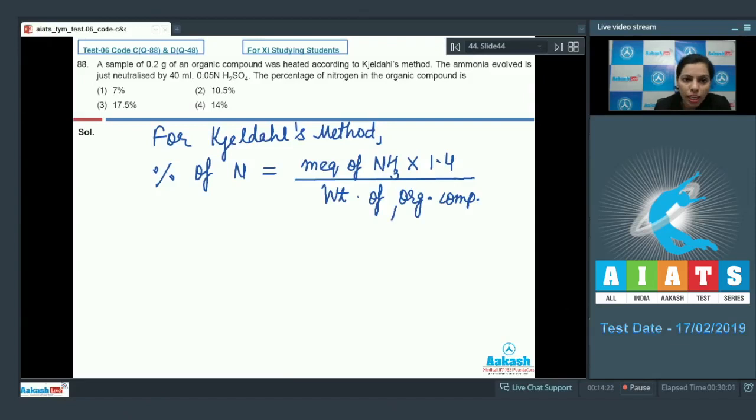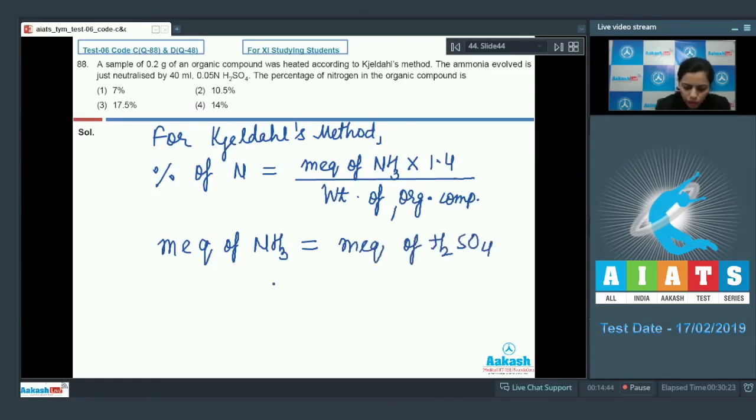because this is a process of neutralization in which ammonia is neutralized by H2SO4. And the volume and the concentration of H2SO4 is given. We should know that milli equivalent of ammonia should be equal to milli equivalent of H2SO4. Now with the help of this we can find out the milli equivalent of ammonia, because milli equivalent of H2SO4 can be calculated by the given values. We know that milli equivalents are the volume multiplied by normality, and volume should be in milliliter.